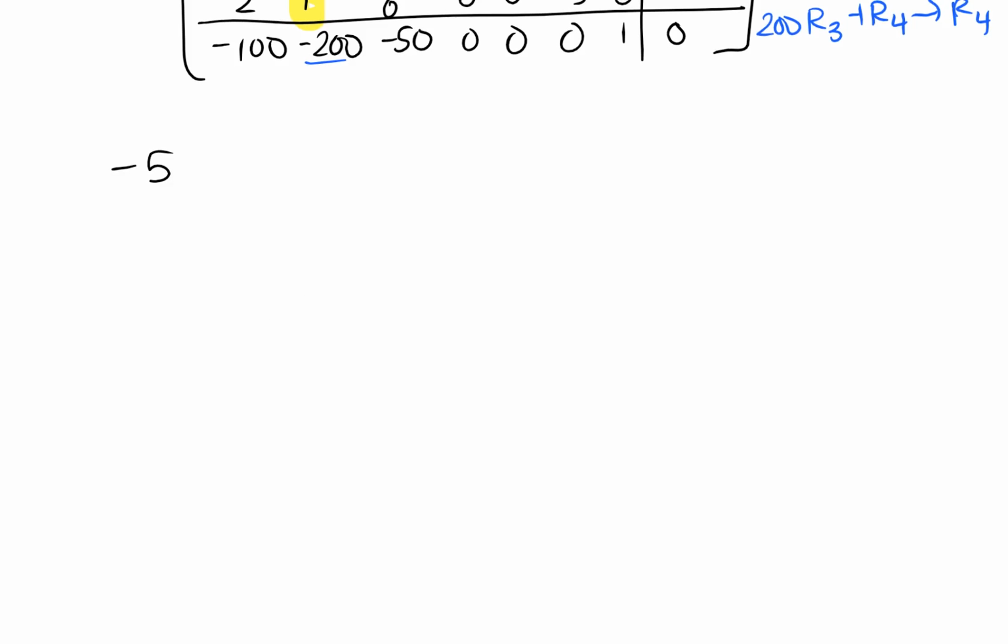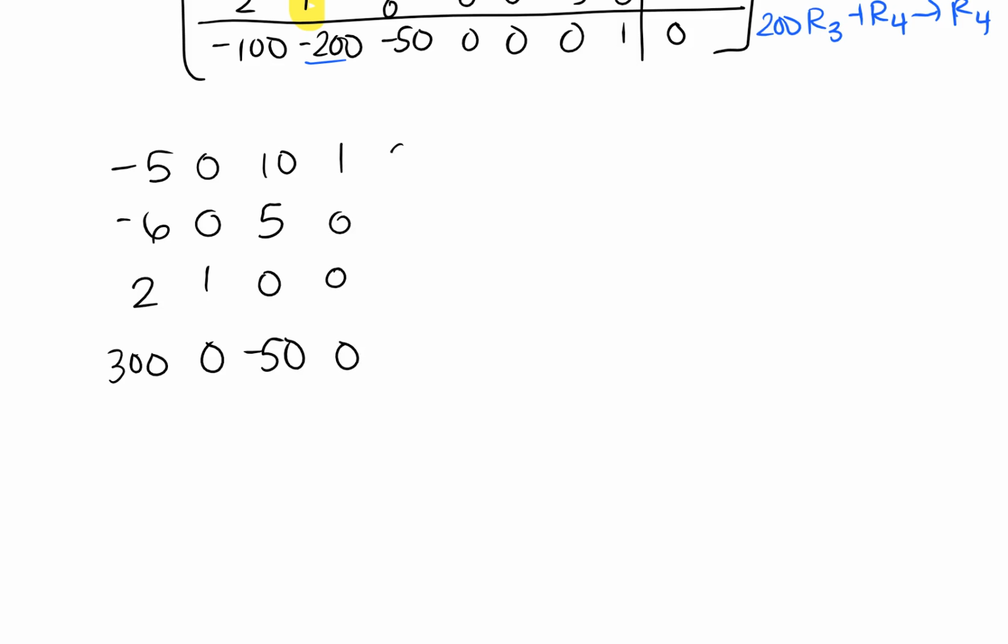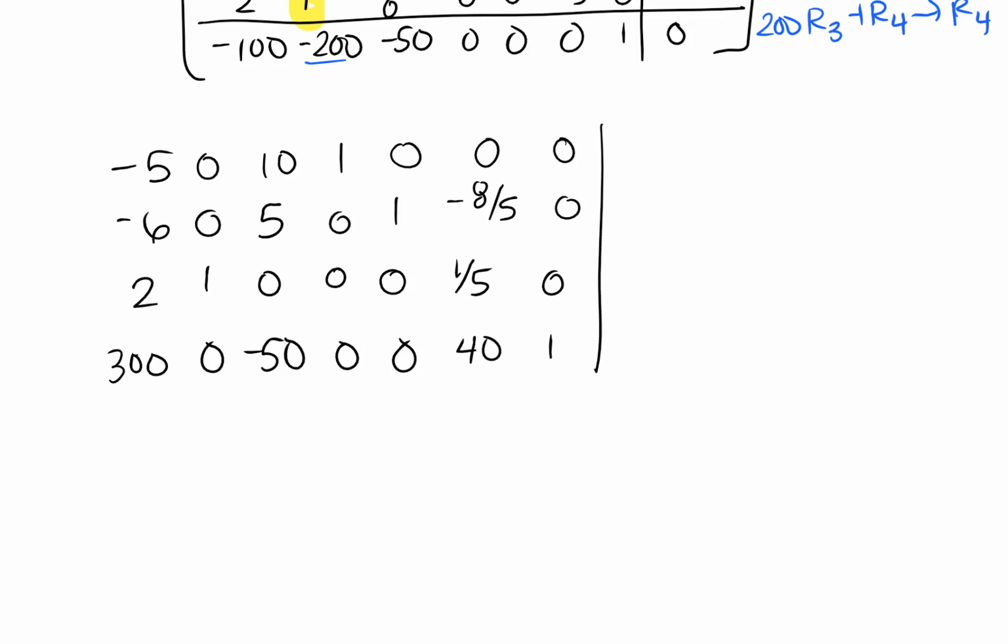We have negative 5, negative 6, 2, 300, 0, 0, 1, 0, 10, 5, 0, negative 50, 1, 0, 0, 0, 0, 1, 0, 0, 0, negative 8 over 5, 1 over 5, and 40, 0, 0, 0, 1, and at the constants we have 500, 1200, 100, and 20,000.